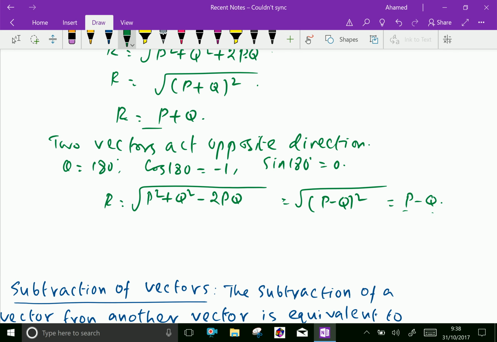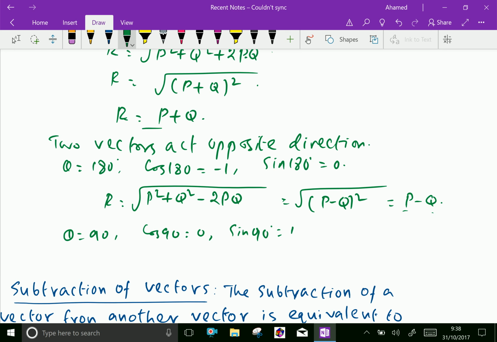In the next case, vectors are at right angles, theta equals 90 degrees, from which we get cos 90 equals 0 and sin 90 equals 1.